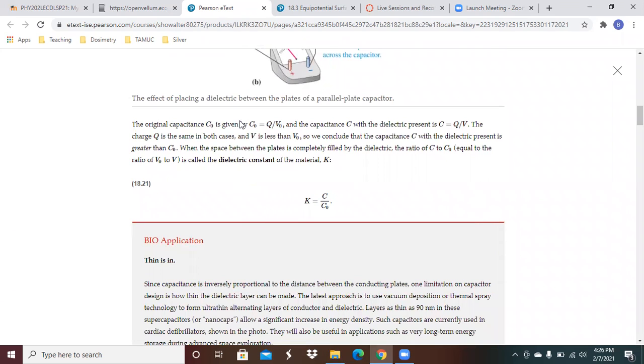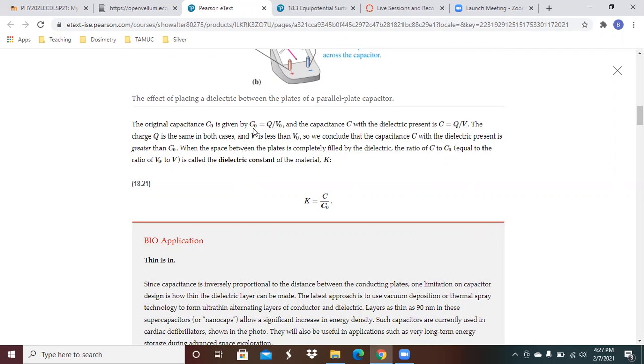So the original capacitance is going to be, again, the capacitance is going to be Q over V. So we know what that original voltage is, so we can determine what the capacitance is. Now, the capacitance with the dielectric is going to be Q over that reduced voltage. Now, the charge is going to be the same in both cases. This value is going to be less than this.